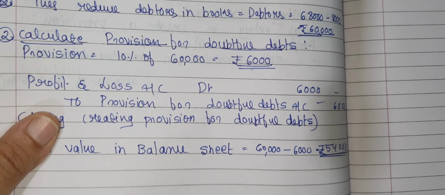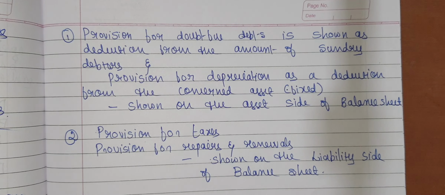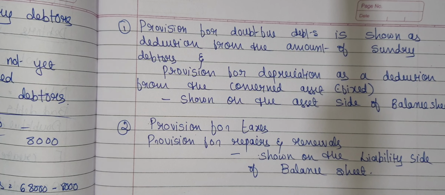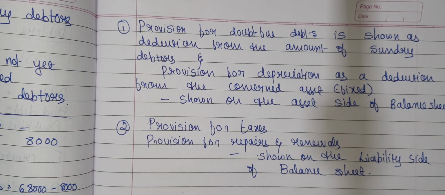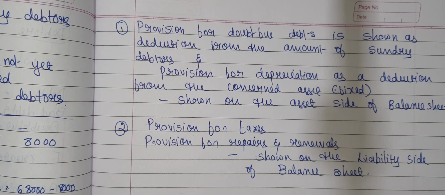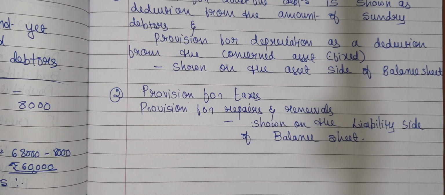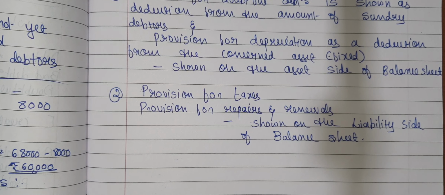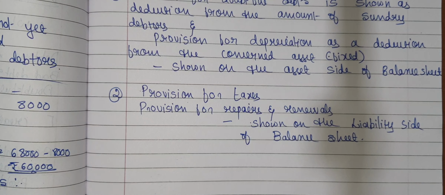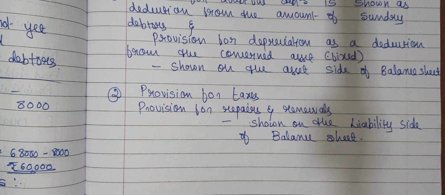Clear? I hope this example is also clear to you all. Now the last point: provision for doubtful debts is shown as a deduction from the amount of sundry debtors, and provision for depreciation as a deduction from the concerned asset, meaning the fixed asset, on the asset side of the balance sheet. And provision for taxes and provision for repairs and renewals are shown on the liability side of the balance sheet.